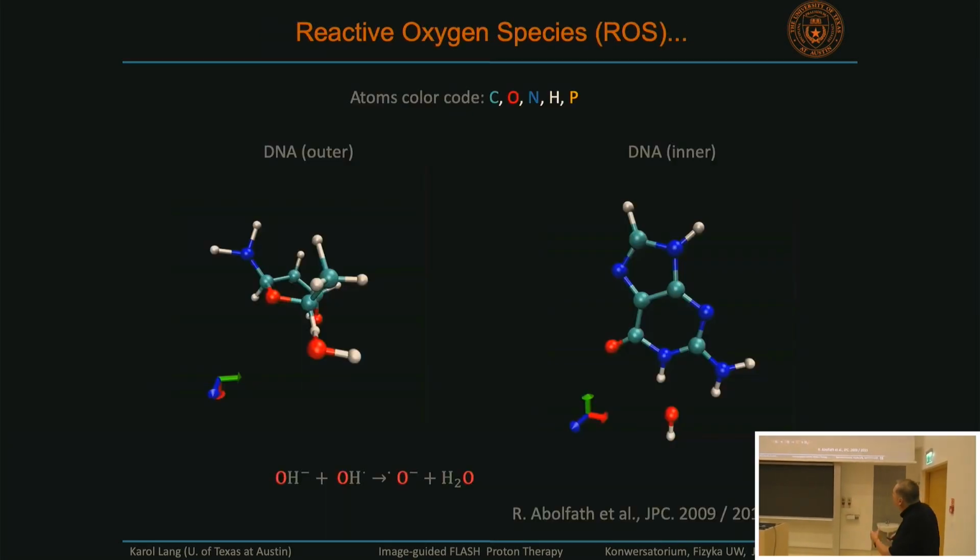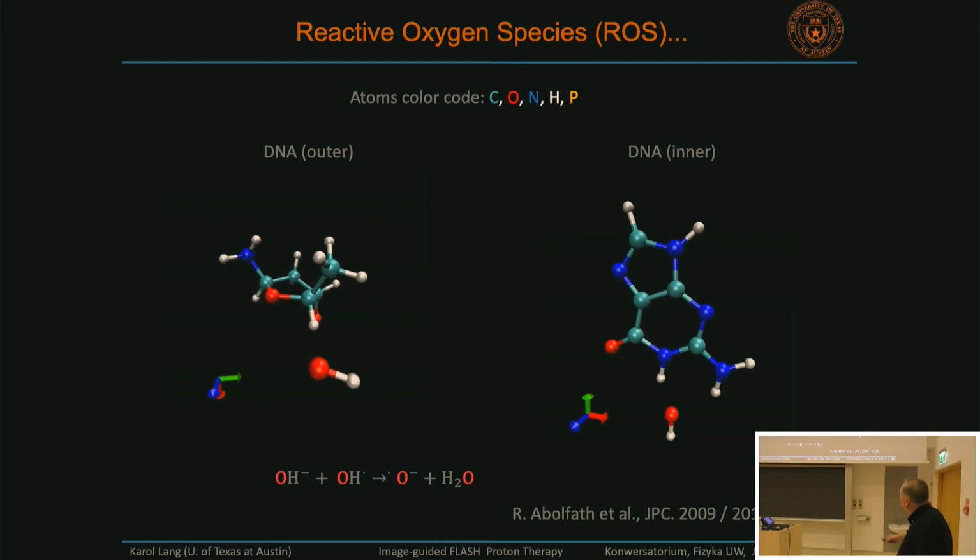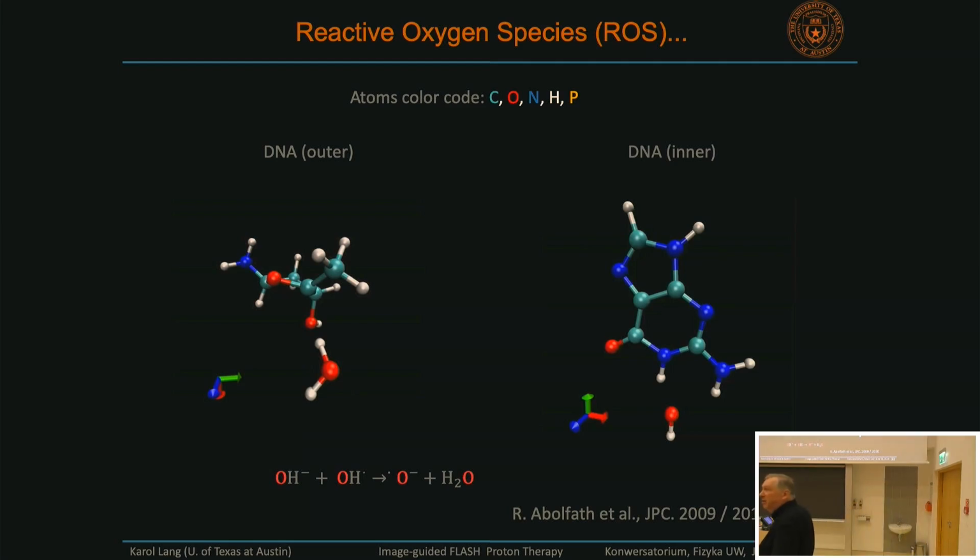So this is an illustration that there are theoretical calculations. This is an animation showing this OH, which is sucking out another hydrogen from either a DNA strand or from whatever environment it happens to be.